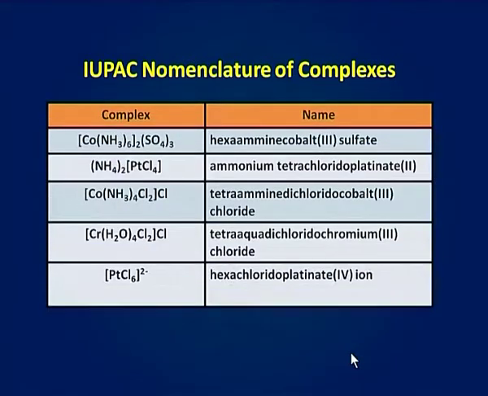Here are some other examples for naming of the complexes. The name of this complex will be hexaamminecobalt(III) sulfate. This will be named as ammonium tetrachloridoplatinate(II).